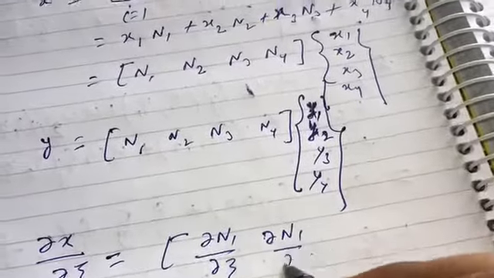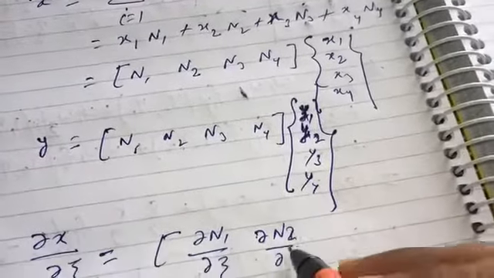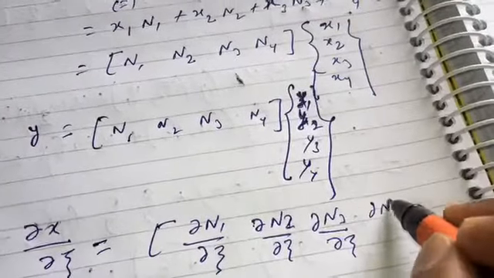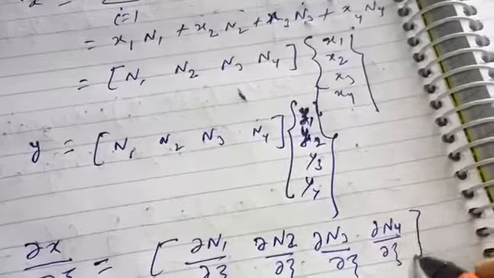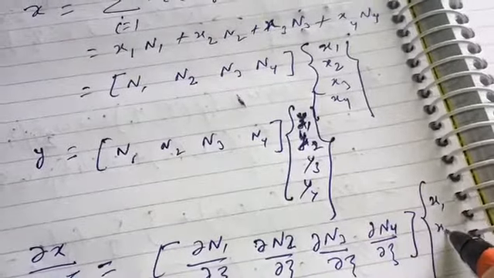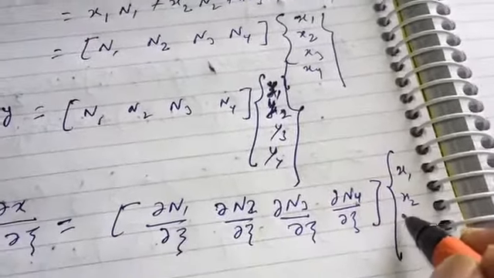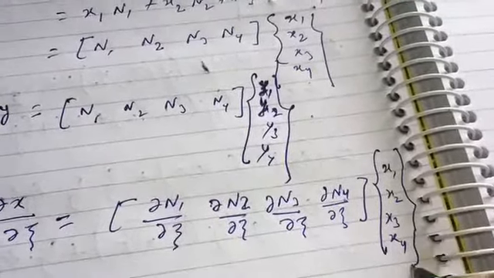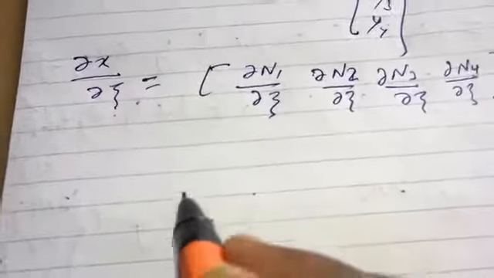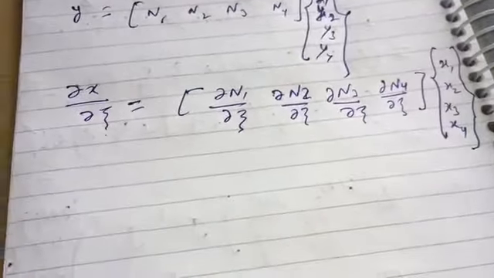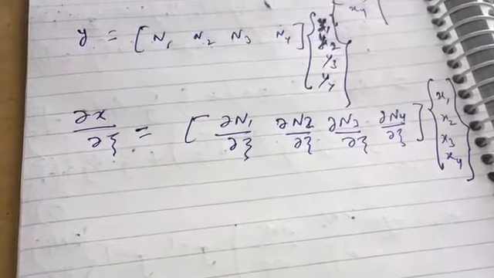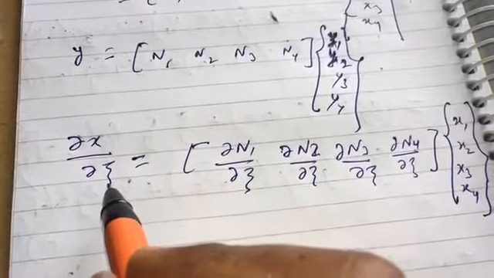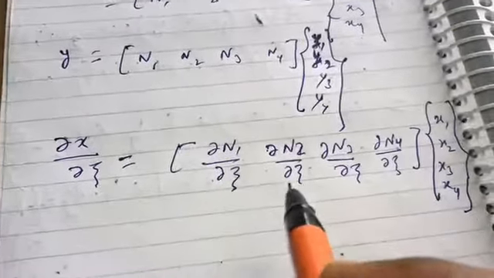So del n1 del xi, del n2 del xi, del n3 del xi, del n4 del xi multiplied by x1, x2, x3 and x4 like this. And similarly we have for del x over del eta, a similar term here.